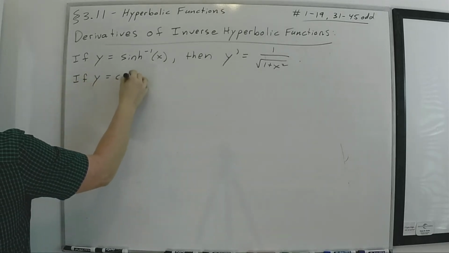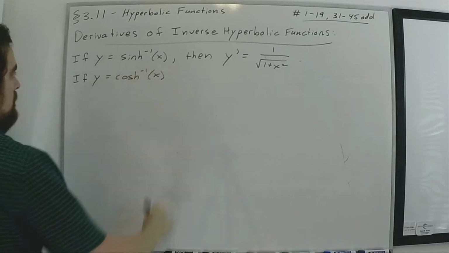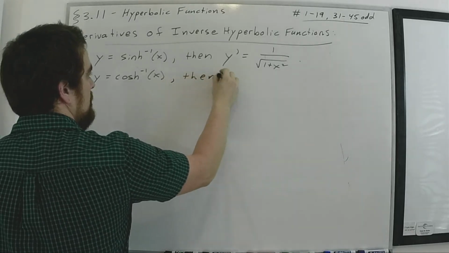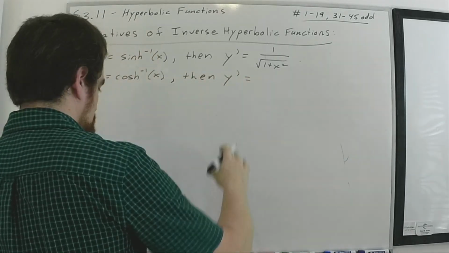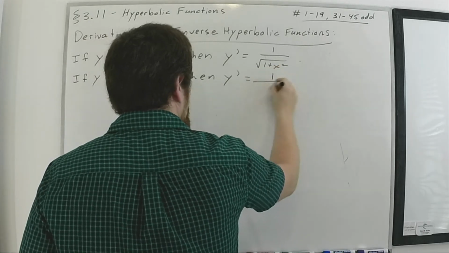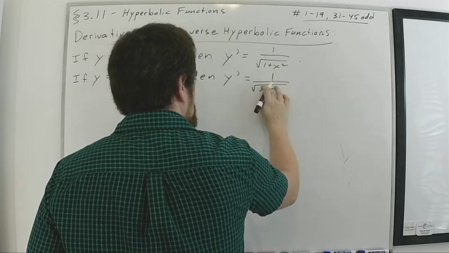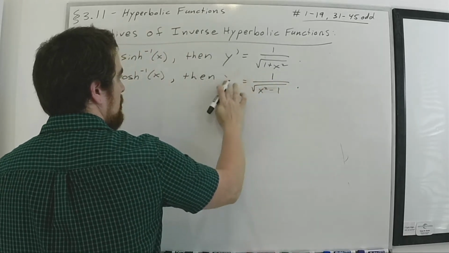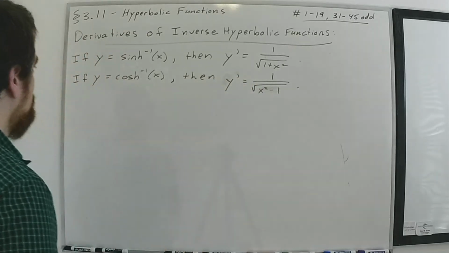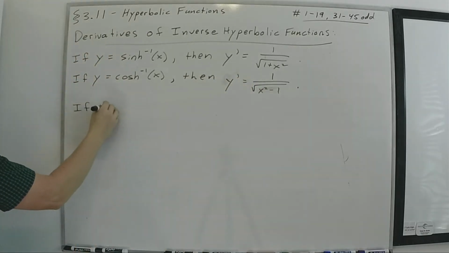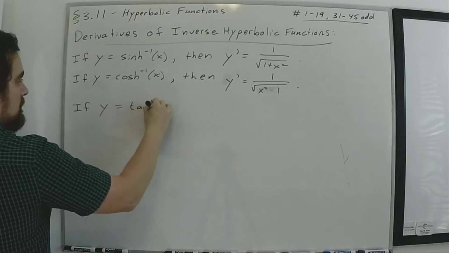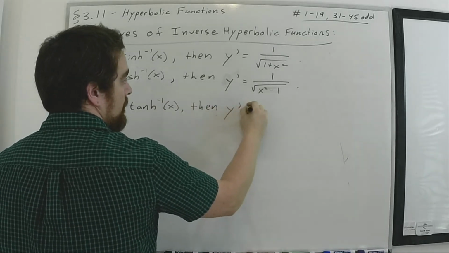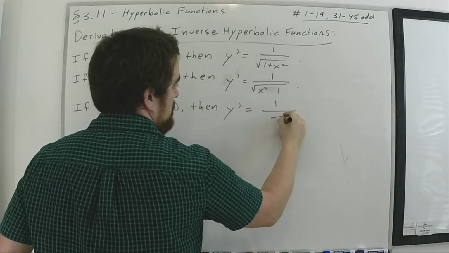If y is cosine hyperbolic inverse, then y prime is going to be 1 over the radical of x squared minus 1. If y is tangent hyperbolic inverse of x, then y prime is 1 over 1 minus x squared.